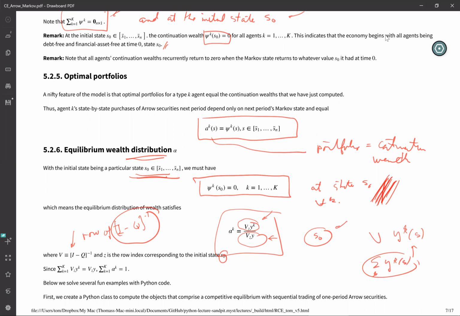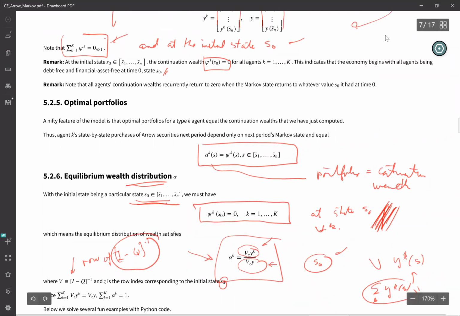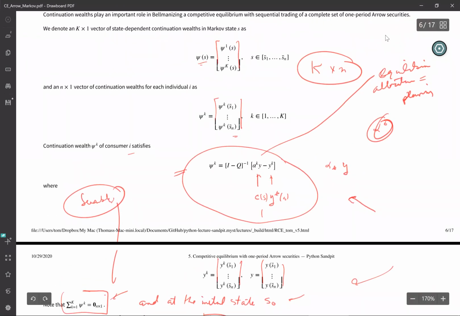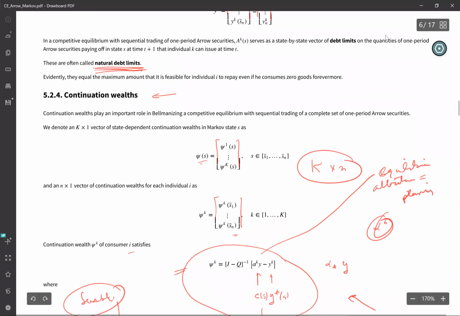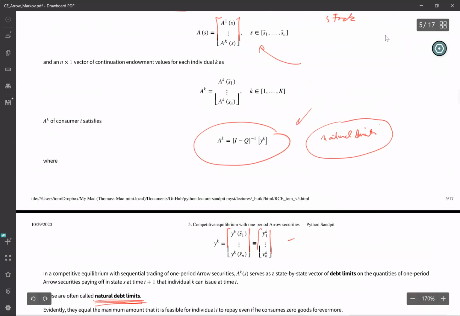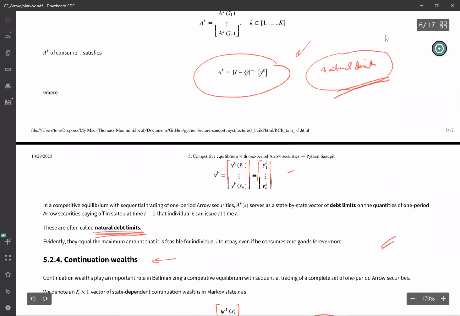So now that I've computed this, the logical flow is, I can go back and compute, I have to compute a bunch of stuff simultaneously. In some sense, what do I know? I know the borrowing limits, I know the natural debt limits, and I know continuation wealth.